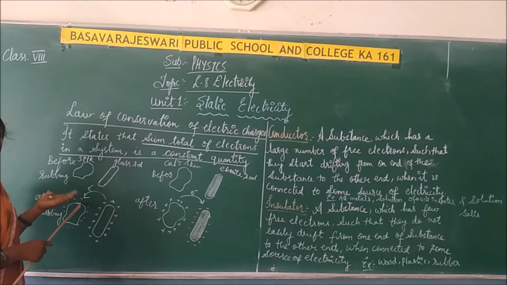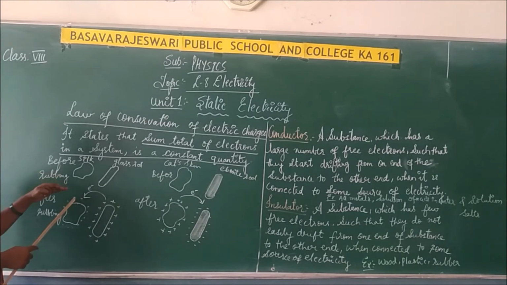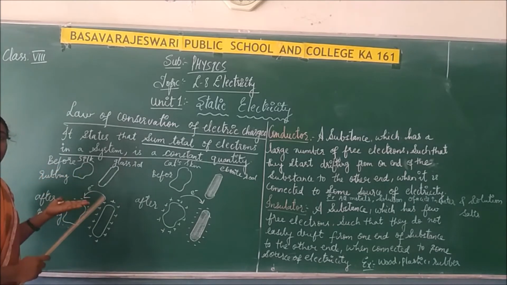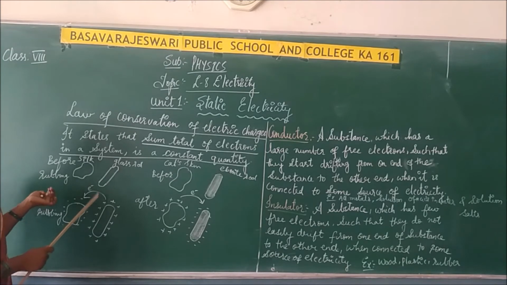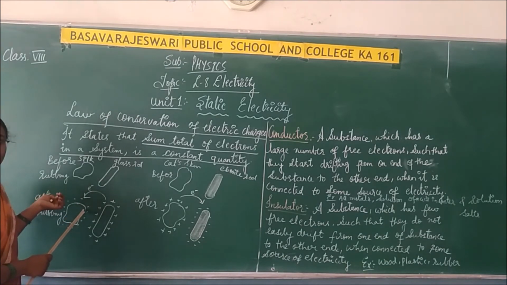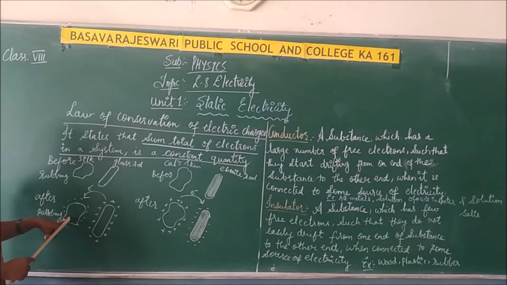Electrons are nothing but negative charges. Here the number of negative charges has become more compared to the number of positive charges. It had an equal number of positive and negative charges, so after rubbing it has gained electrons, meaning more negative charges. So it became negatively electrified, with an excess of electrons.